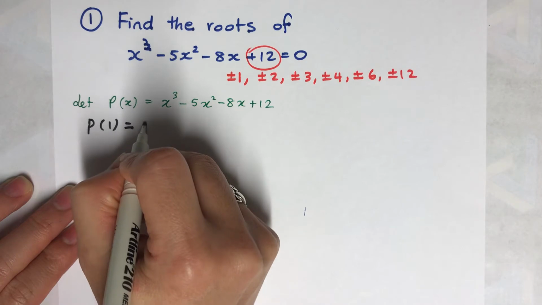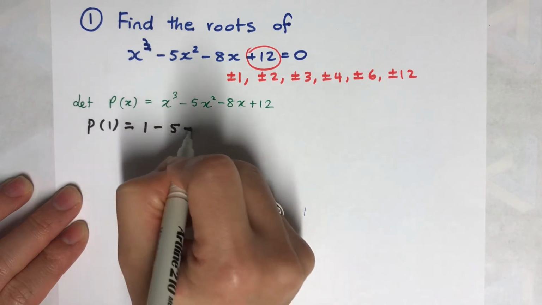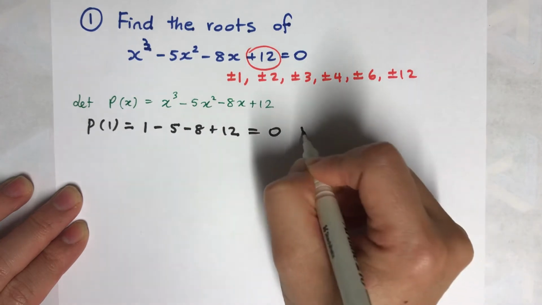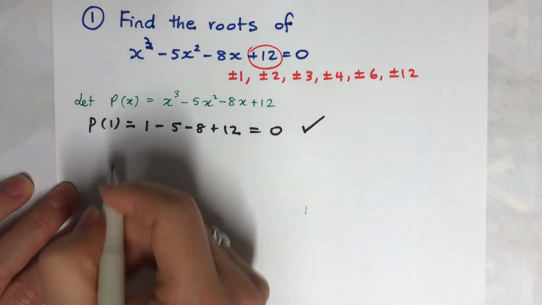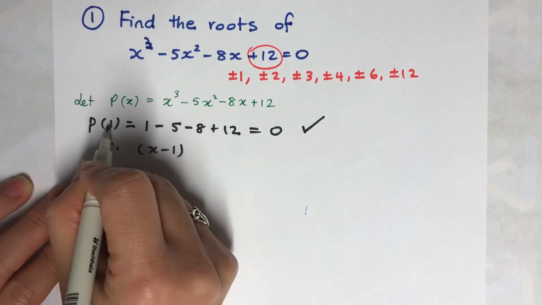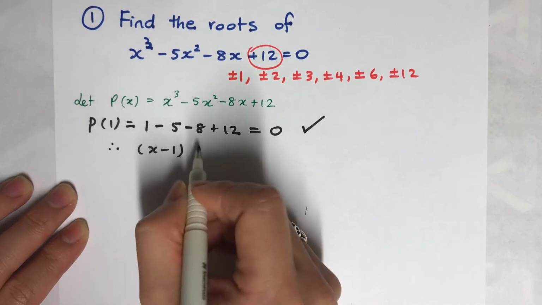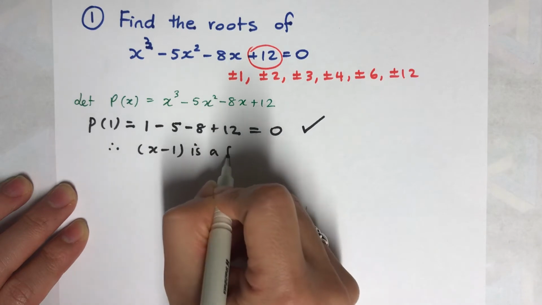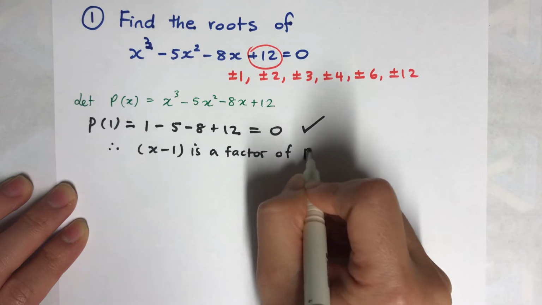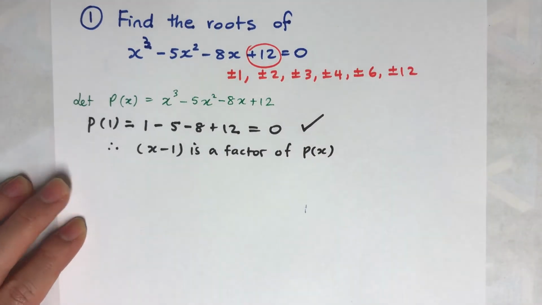It'll be 1 minus 5 minus 8 plus 12, and you put that in your calculator. Excellent. Therefore, I can say x minus 1, because we tried 1, is a factor which will give us a 0 of the polynomial P of x.